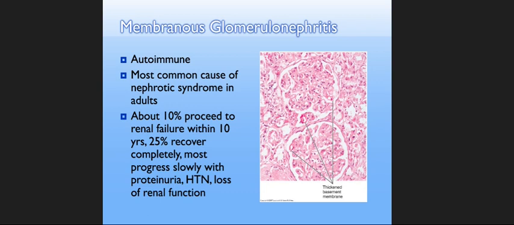It is the most common cause of nephrotic syndrome in adults, especially in our Arabian countries, or in our region. If we have many patients with nephrotic syndrome and we do biopsies for all, most of them will present with a pathologic diagnosis of membranous glomerulonephritis.